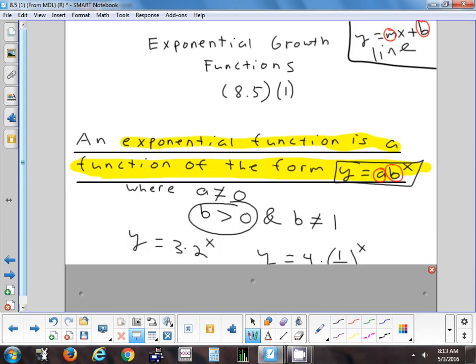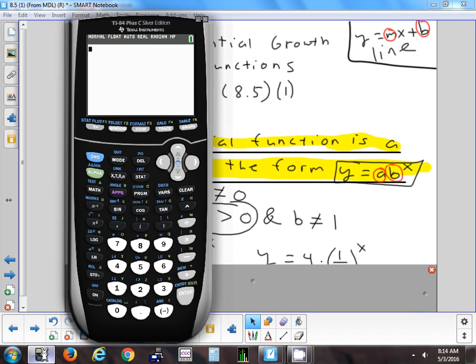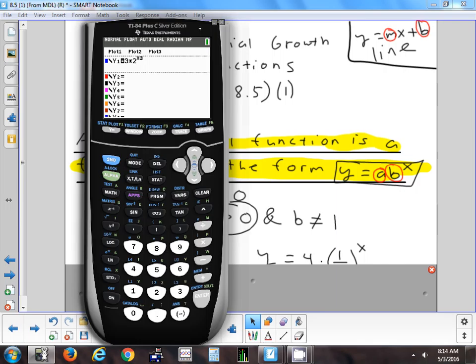Here's an example of an exponential growth equation. Y equals 3 times 2 to the x. Let me show you a picture of it. For this one, I'm not going to have you graph it by hand. I'm just going to show you what it looks like on the calculator. 3 times 2 to the x.